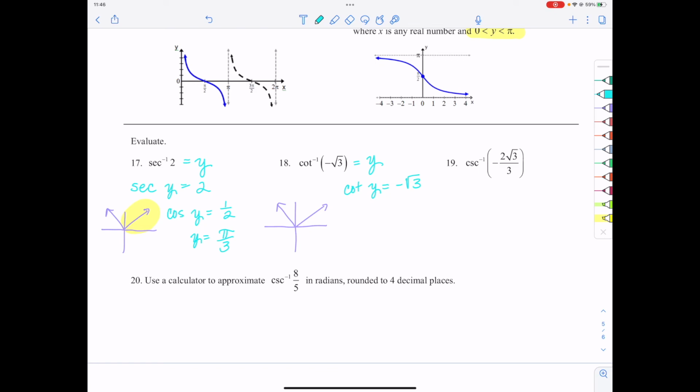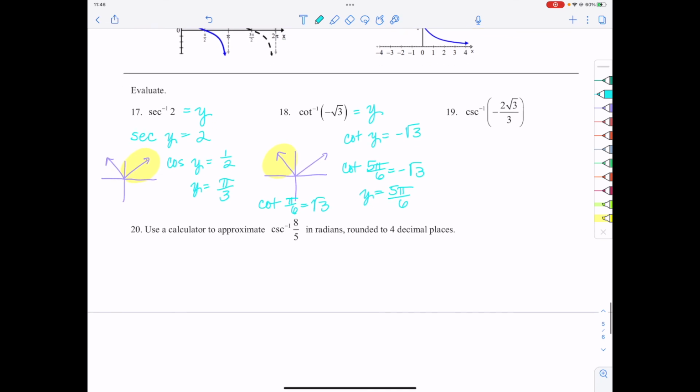So now we know that we will have to choose quadrant 2 since the cotangent is negative in quadrant 2. So we would have to choose 5 pi over 6 since the cotangent of pi over 6 is root 3. We know that the cotangent of 5 pi over 6 is equal to the opposite of root 3. So y is equal to 5 pi over 6.